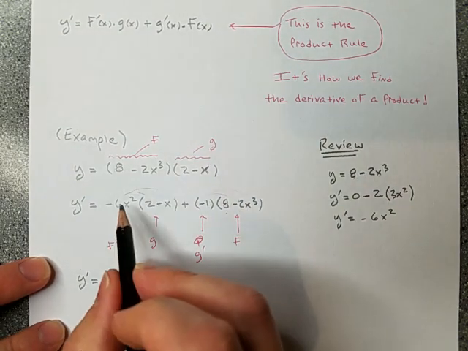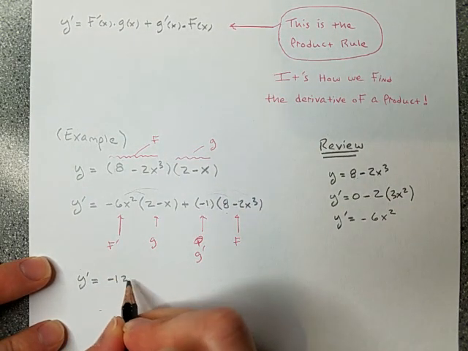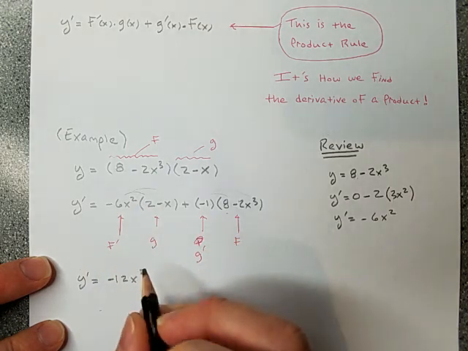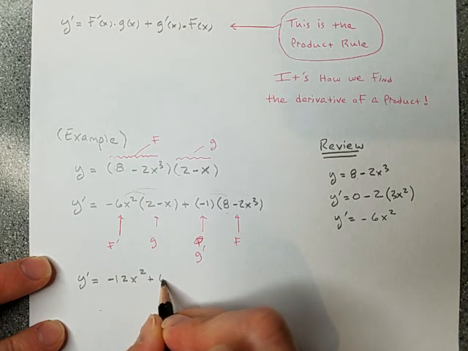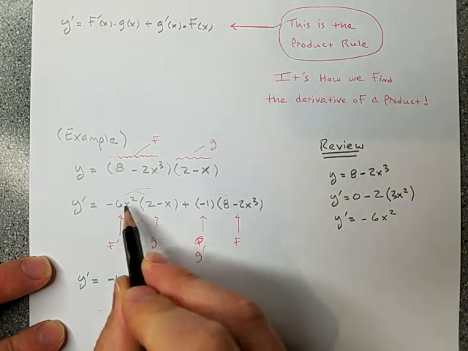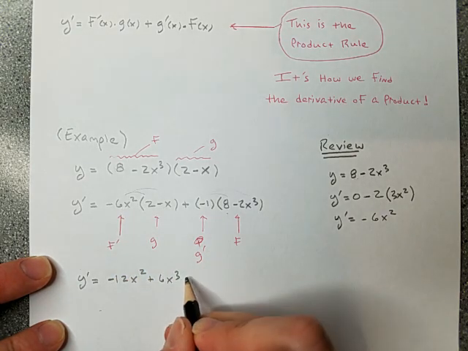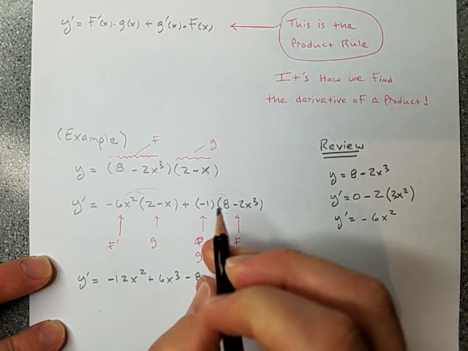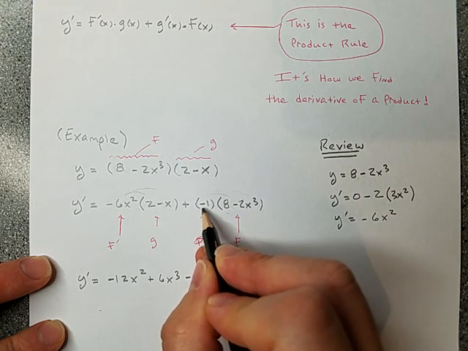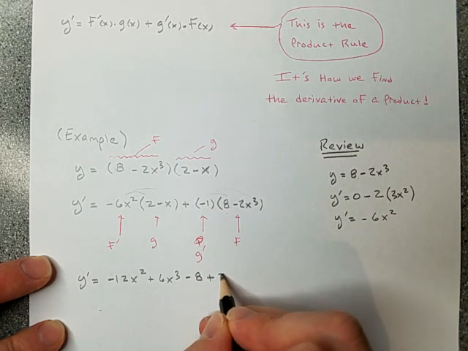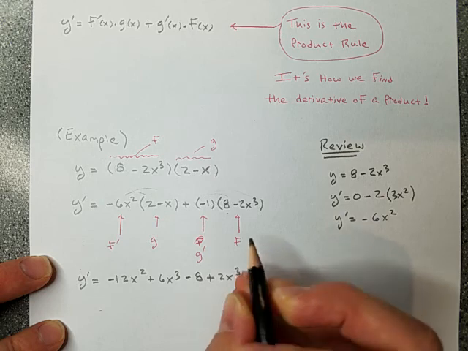So I'll get negative 12x squared here. And then I'll get plus 6x to the third power right there. And then I'll get minus 8 here, because that's a negative 1, right? And then I'll get plus 2x to the third power, again because that's a negative 1.